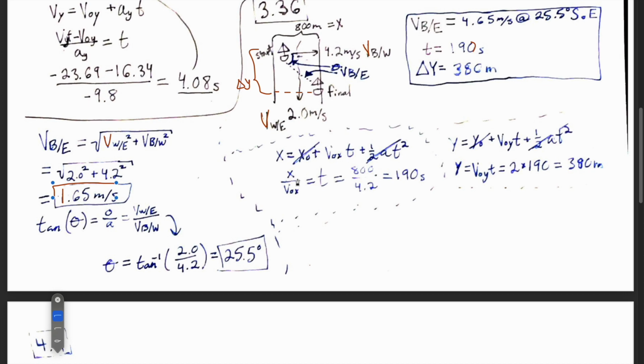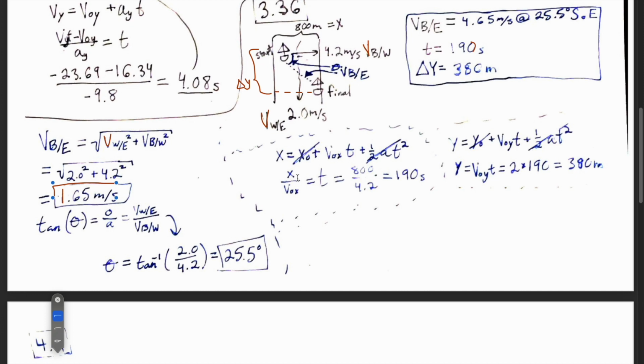Well, I guess I can just calculate it really quickly. Please hold. Let's see, 2 times 2 plus 4.2 times 4.2 equals 21.64. And what is the square root of that?